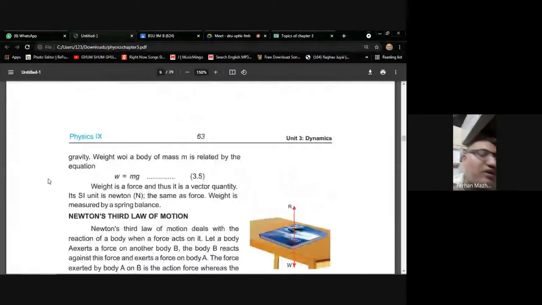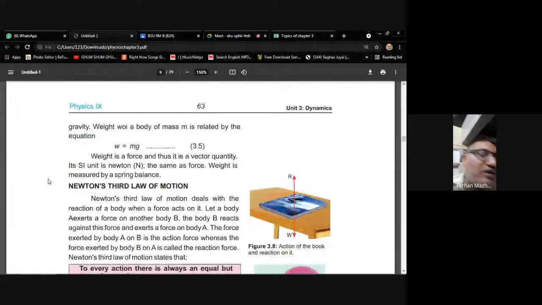So, a very important formula: W is equal to mg. The very famous formula, W equals mg. This formula connects the weight, the mass and the gravitational field strength. W is the weight, measured in newtons.